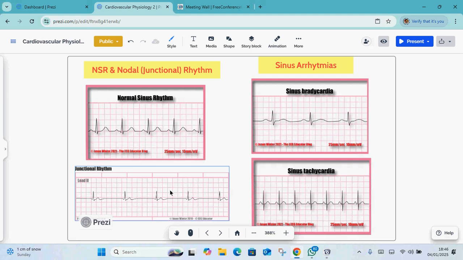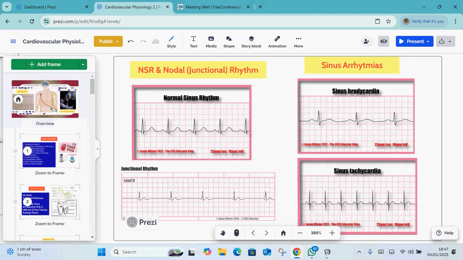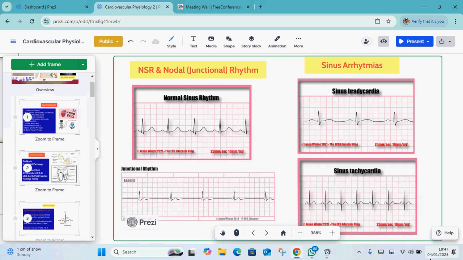This 1, 2, 3, 4, 5, 6 means this is 30 millimeters. Each large box is 5 millimeters. Each large box is 5 small boxes, and each small box is 1 millimeter. So a large box is 5 millimeters. So you measure the number of large boxes between the two R waves and multiply it by 5.